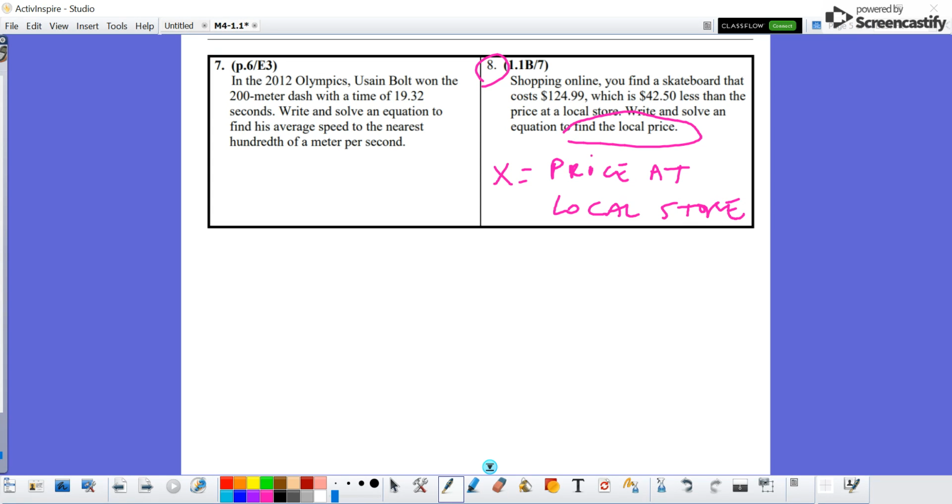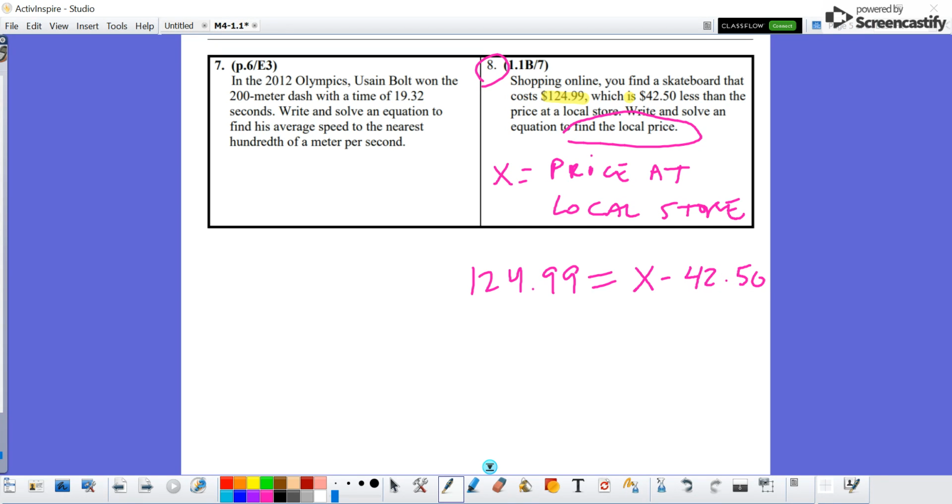So what I have is $124.99 equals, because that comes from the word is. So I just did $124.99, then the buzzword is, so I wrote the equal sign, $42.50 less than the price at the local store. Well, the price at the local store was defined as x. So minus $42.50 represents $42.50 less.